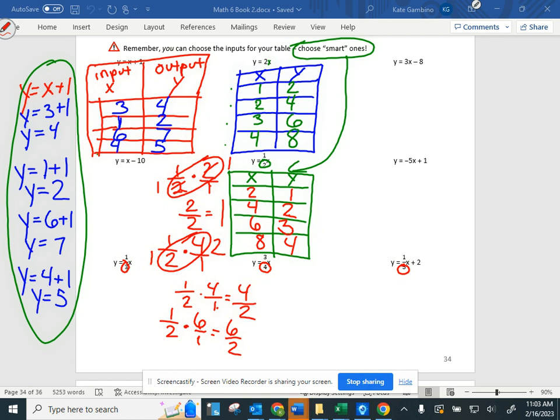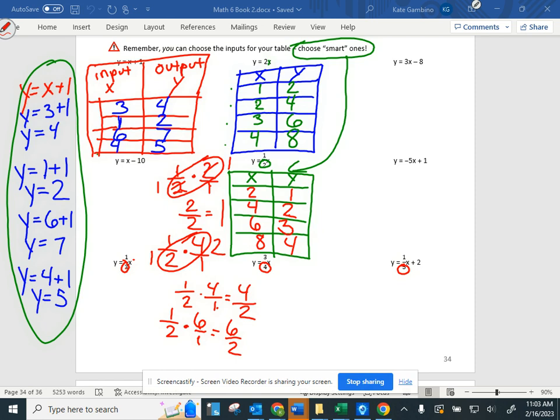So think about what those multiples are of 5, the multiples of 4, the multiples of 3. Keep it easy, right? If you end up with 9 divided by 3, it's going to give you an easy x. We don't want to work with improper fractions or mixed numbers. That just makes it more complicated. Keep it simple. Work with the numbers that are going to give you the whole number for your y.